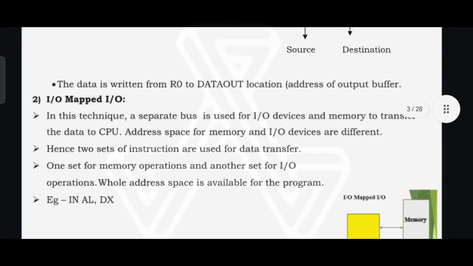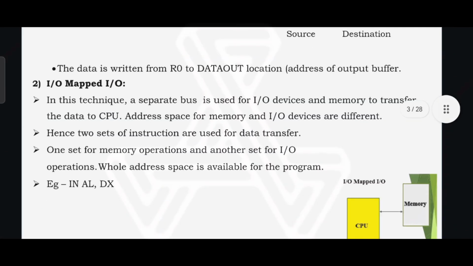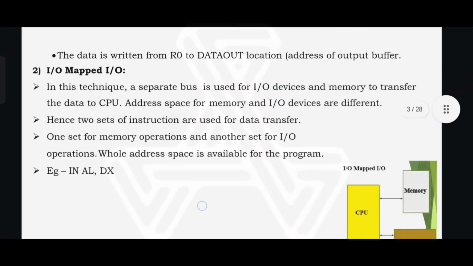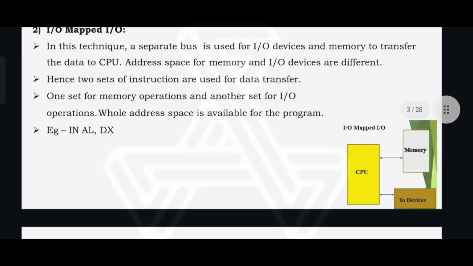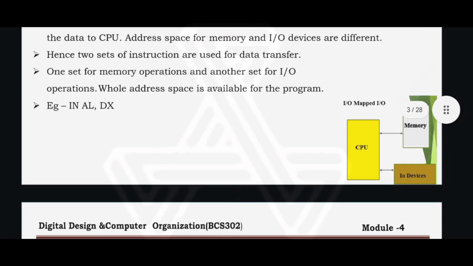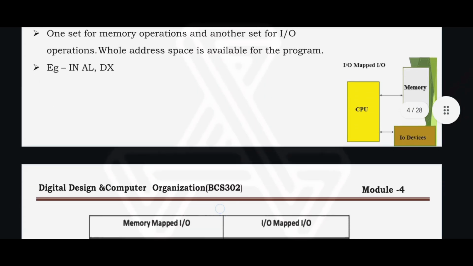Hence, two sets of instructions are used for data transfer: one set for memory operations and another set for I/O operations. The whole address space is available for the program. Example: in 8086, I/O mapped I/O.